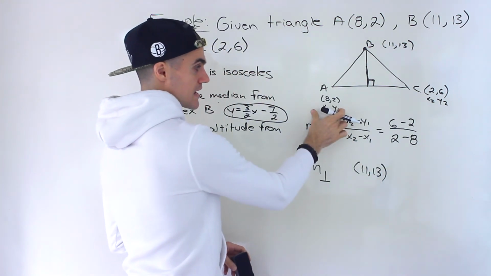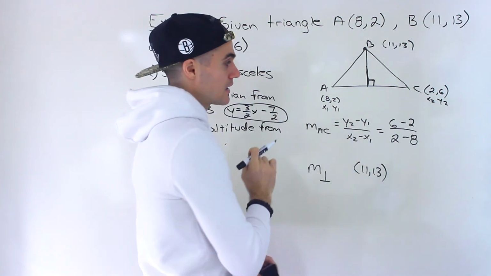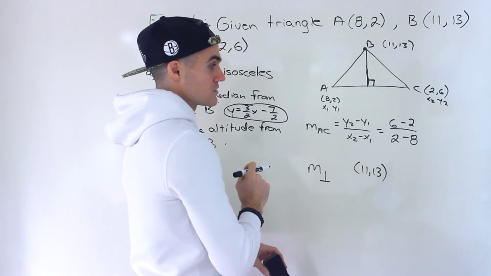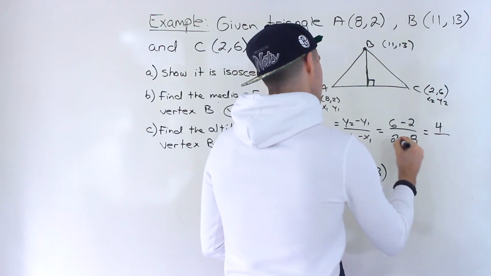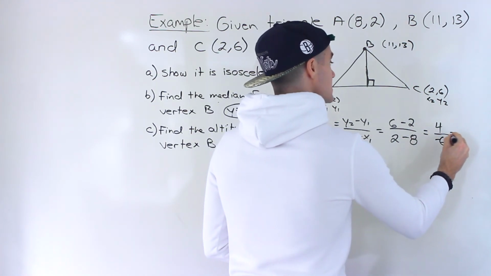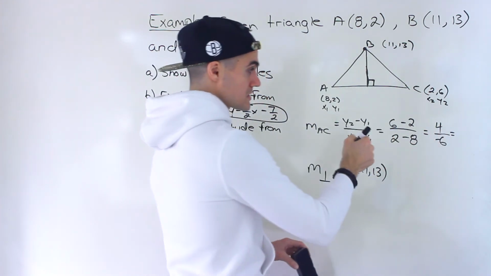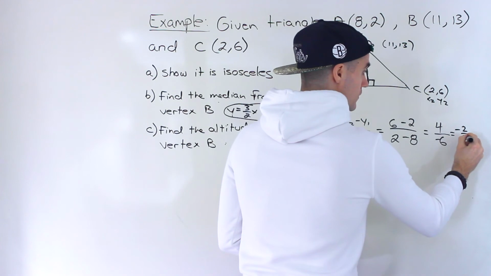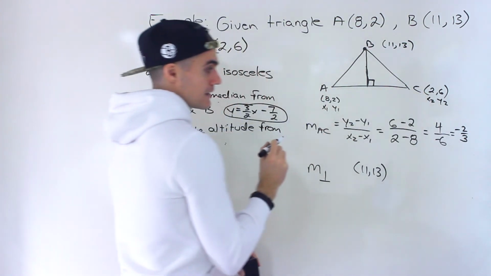Okay, and you can label this x2, y2, this x1, y1, it doesn't matter. The signs are going to end up being the same for the final slope. So this would be 6 minus 2, which is 4, and then 2 minus 8, which is negative 6. Notice we could divide the top and the bottom by 2, so it simplifies to negative 2 over 3. So the slope of AC is negative 2 over 3.